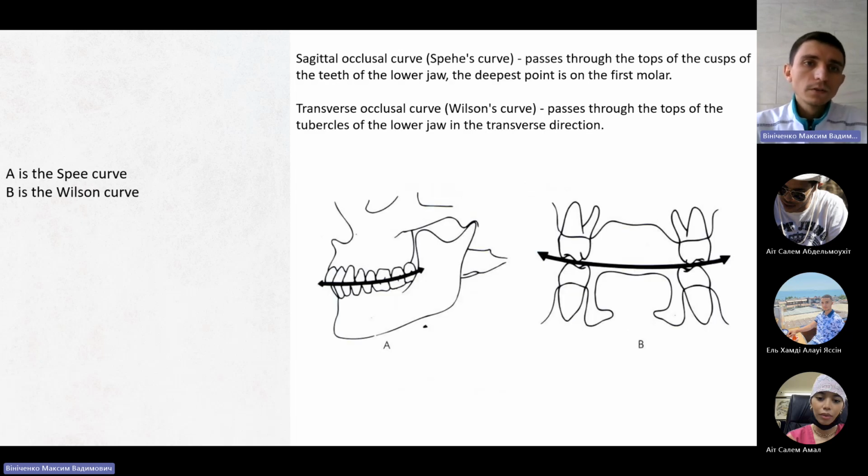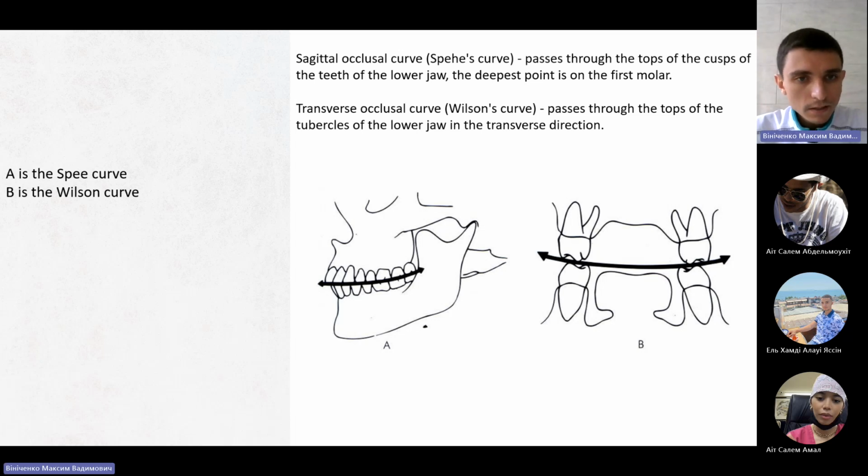The sagittal occlusal curve, also called the curve of Spee, passes through the tops of the cusps of the teeth of the lower jaw. The deepest point is on the first molar in the normal case, but if you study orthodontics, you will understand that the curve of Spee can have different variations, not only as shown in this picture.